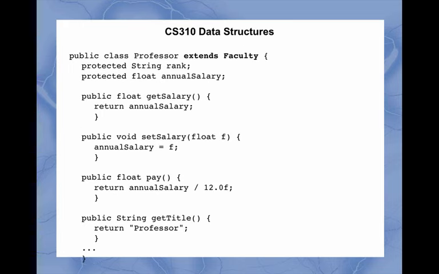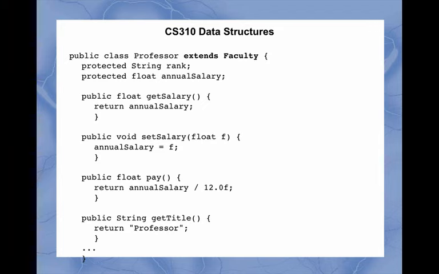So here we have a class that inherits from Faculty, which of course inherited from Person. Public class Professor extends Faculty. Thus, Professor has everything that's in Faculty and everything that's in Person. And what we include here inside class Professor explicitly are those things that are different.